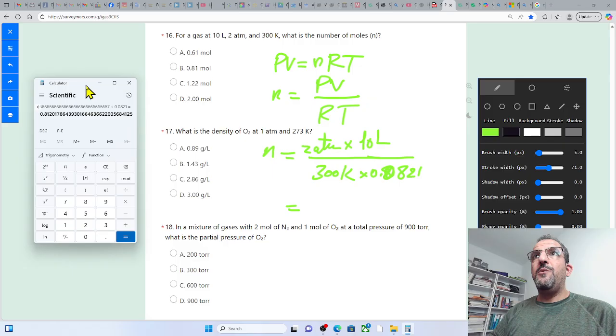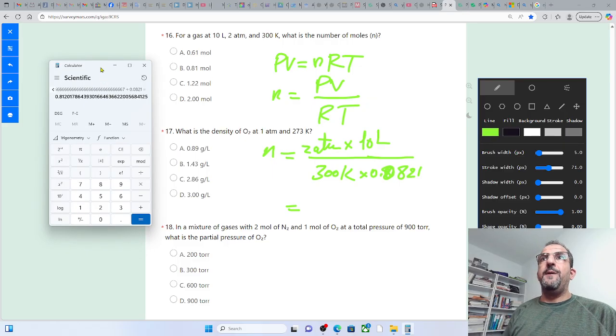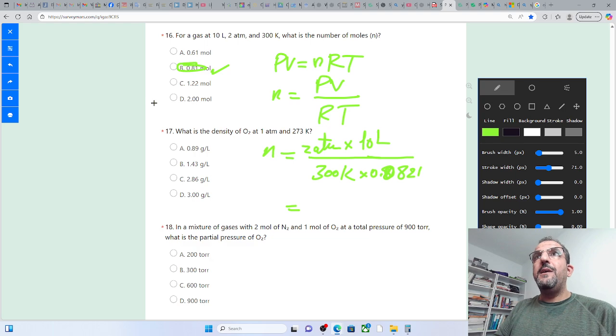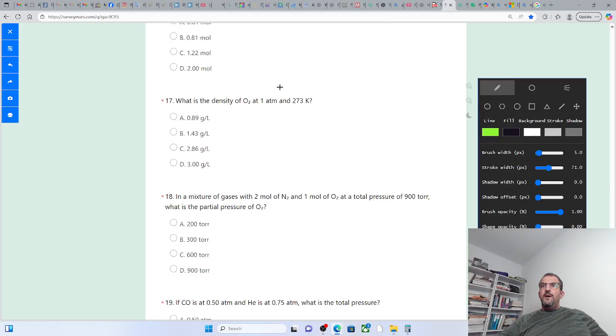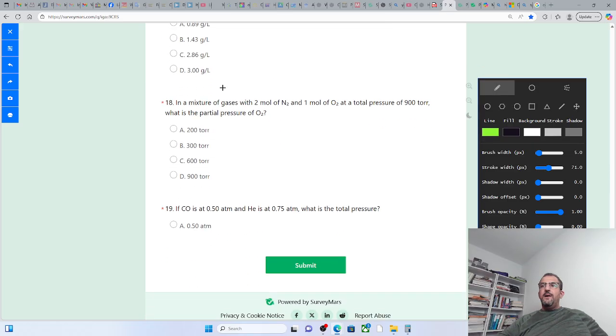This is the number of moles, 0.81. So B is the right answer. Okay, so that is great.